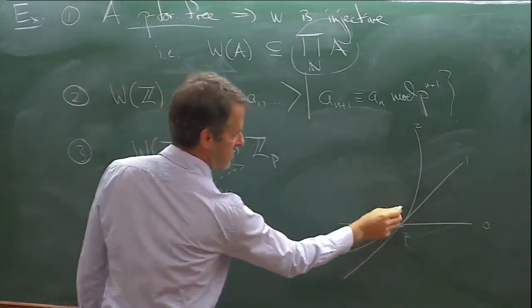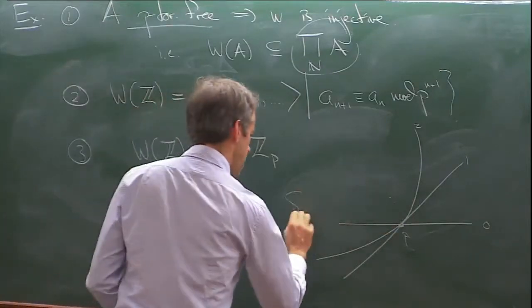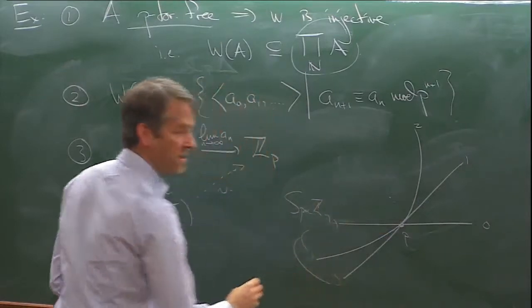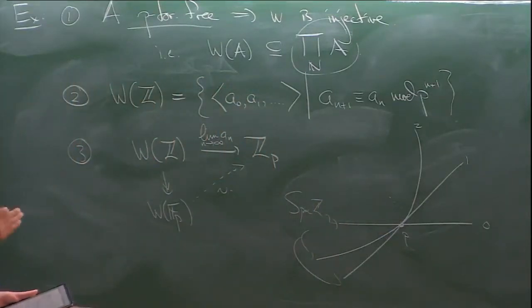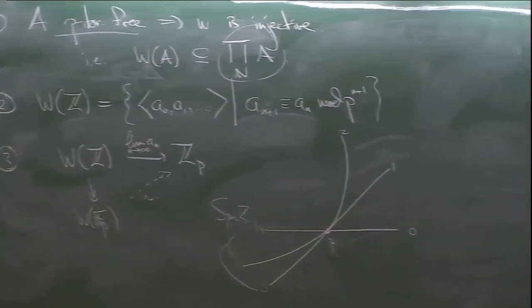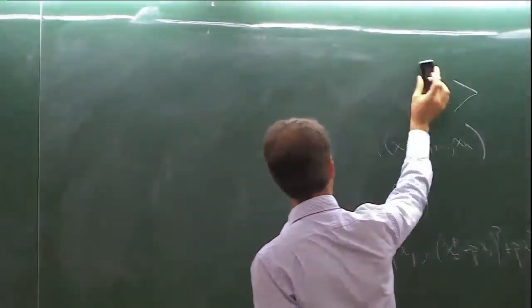So it kind of looks like that. Each of these is a Spec Z. We have a bunch of copies of Spec Z glued together modulo higher and higher powers of p to different components. That will always happen, although the gluing will be much more complicated in general.